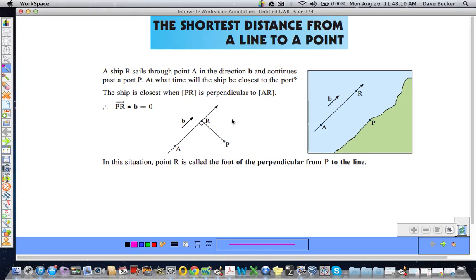So, in this particular case, if I have a ship R that's sailing through point A in the direction of B and continues past the port P, at what time will the ship be closest to the port?